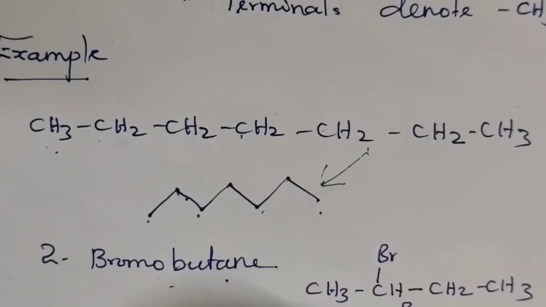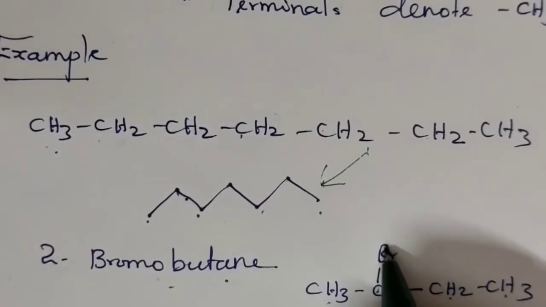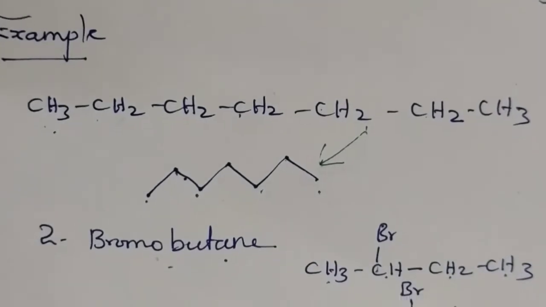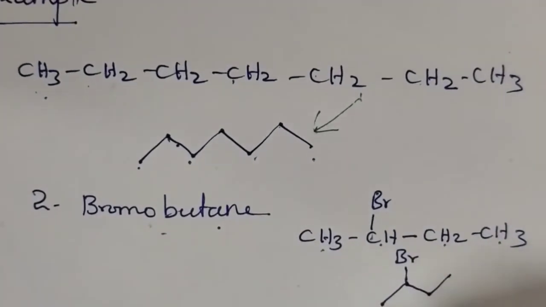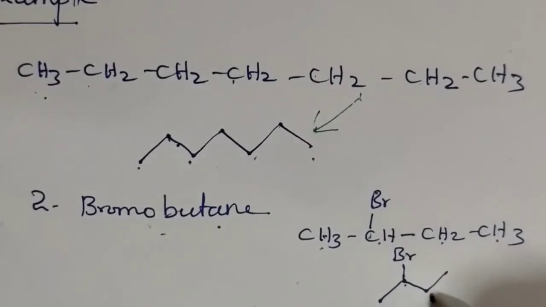2-bromobutane. 2-bromobutane means butane, CH3, CH, CH2, CH3, with the second carbon atom having a bromine atom. So in the bond line structure, it can be written as this: CH3, CH with Br, CH2, CH3. The terminal indicates CH3, the other terminal indicates CH3.